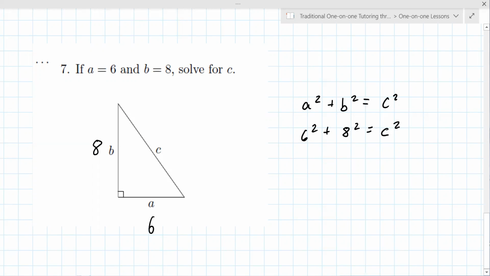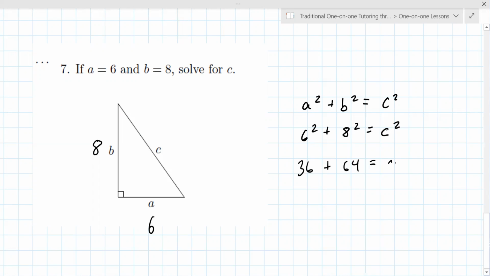equals C squared. What is 6 squared? What is 6 times 6? All right, so 6 times 6 is 36, and 8 times 8 is 64. Good.